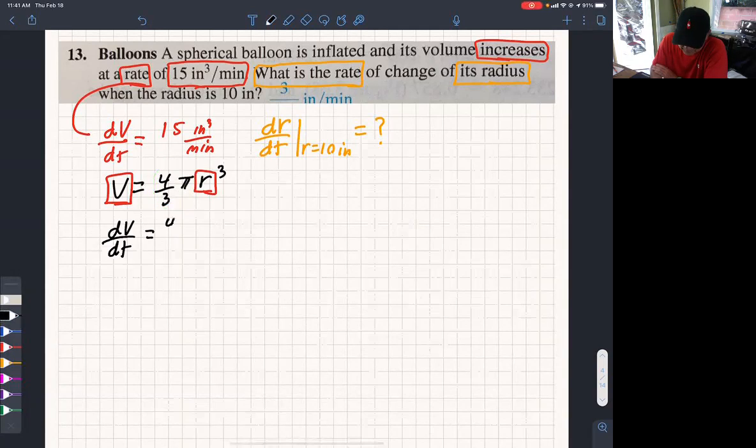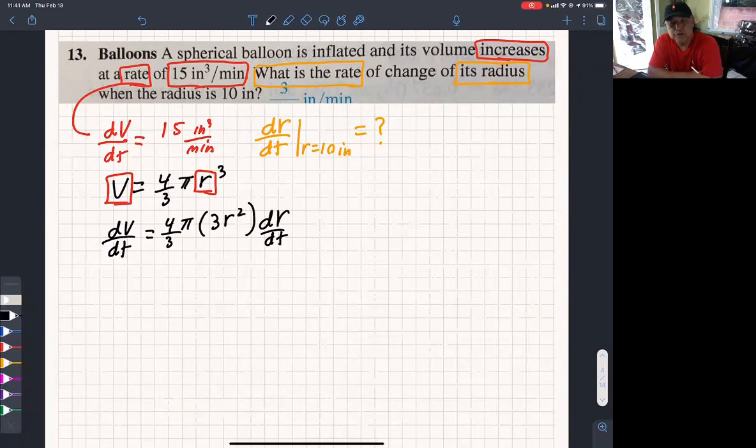So I have a constant times a function. The constant remains. And r changes with time, so that's a function. It's a function cubed. What's the derivative of box cubed? It's going to be 3 box squared times the derivative of r. But by definition, derivative of r is dr/dt.